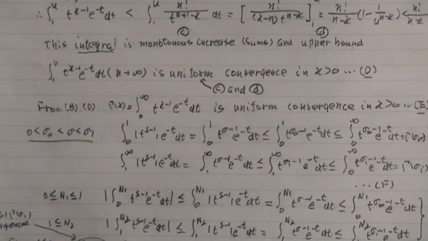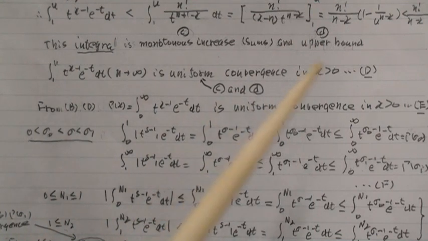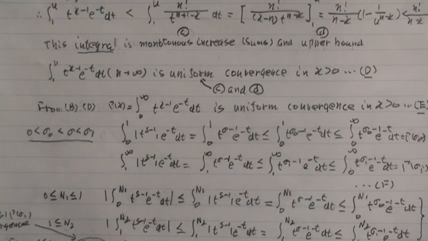From this inequality, calculating, it equals n!/(n−x) times (1 − 1/u^(n−x)), and this value is less than n!/(n−x). This value is positive.